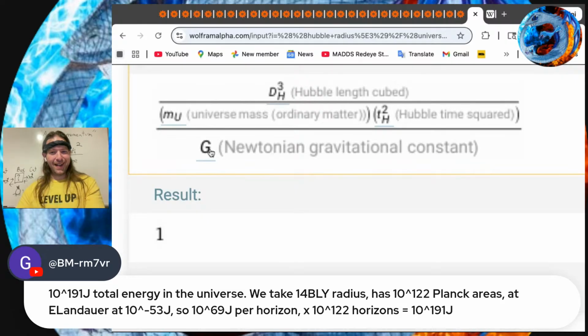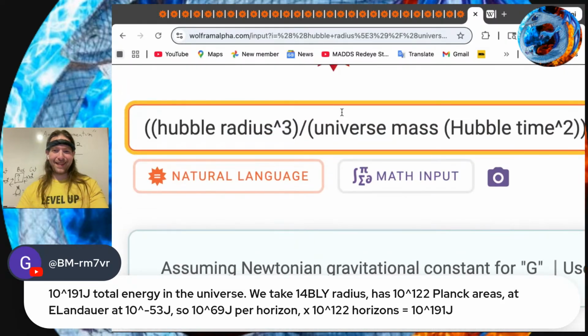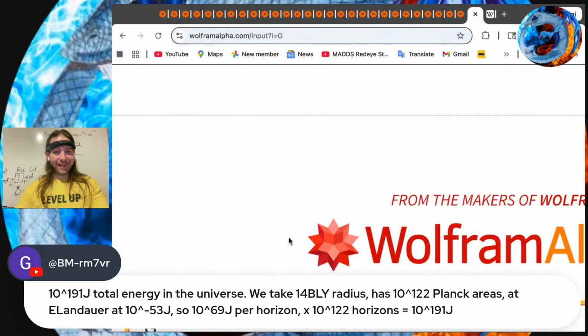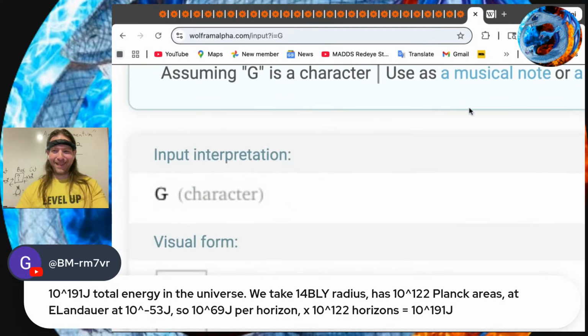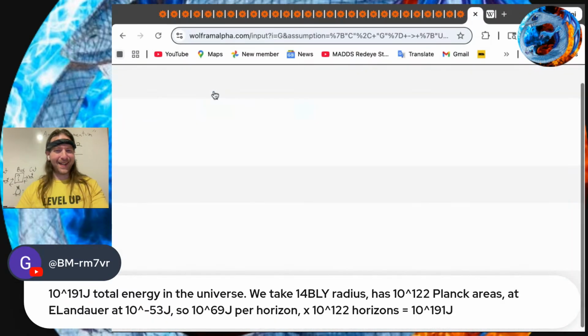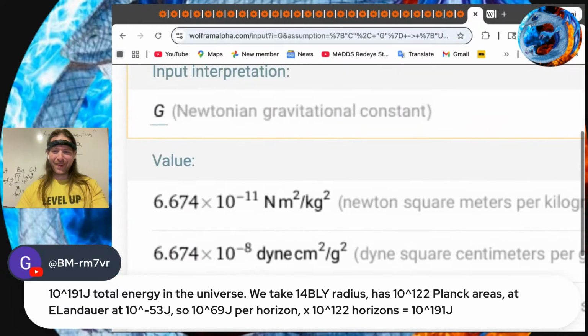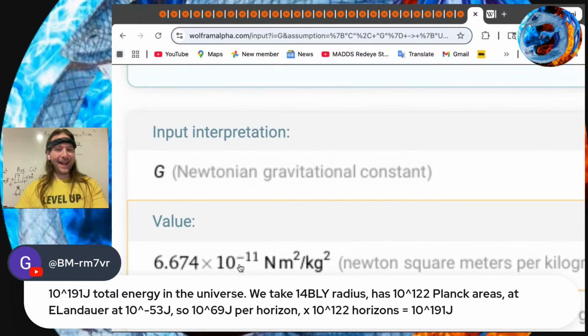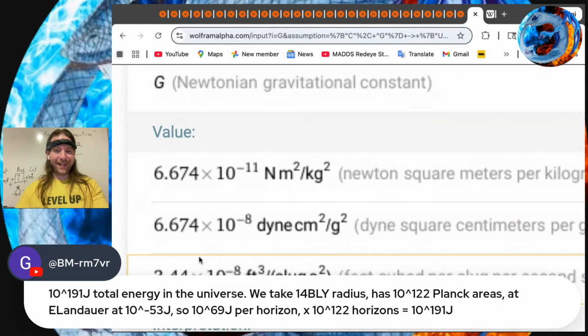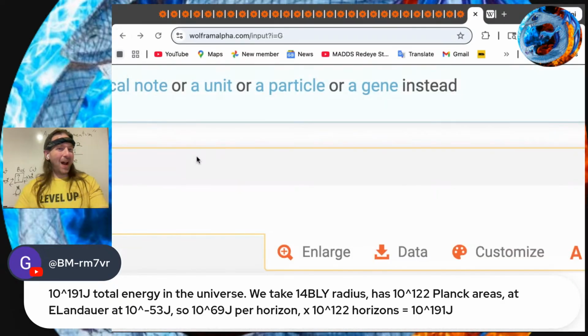It's saying one, but it's not. Did I misremember the Newtonian gravitational constant that much? I hope not. All right, 6.67. As you can see, it's of magnitude, with rounding. That's a fascinating coincidence.